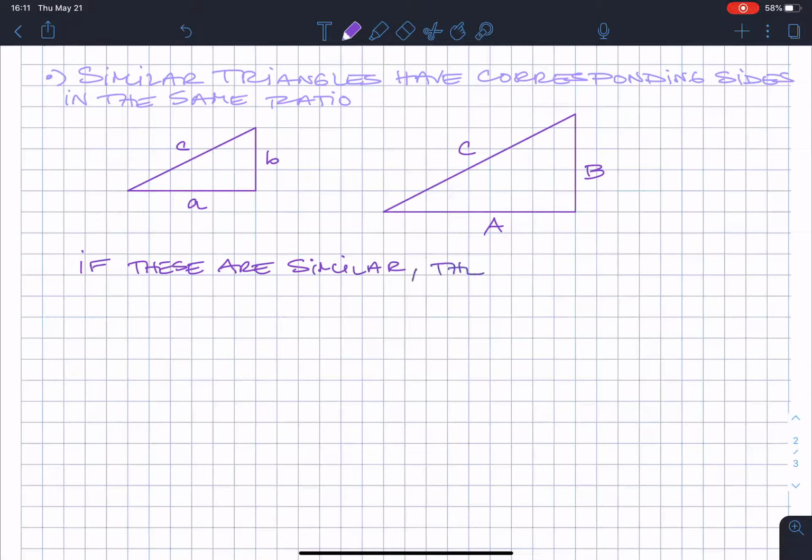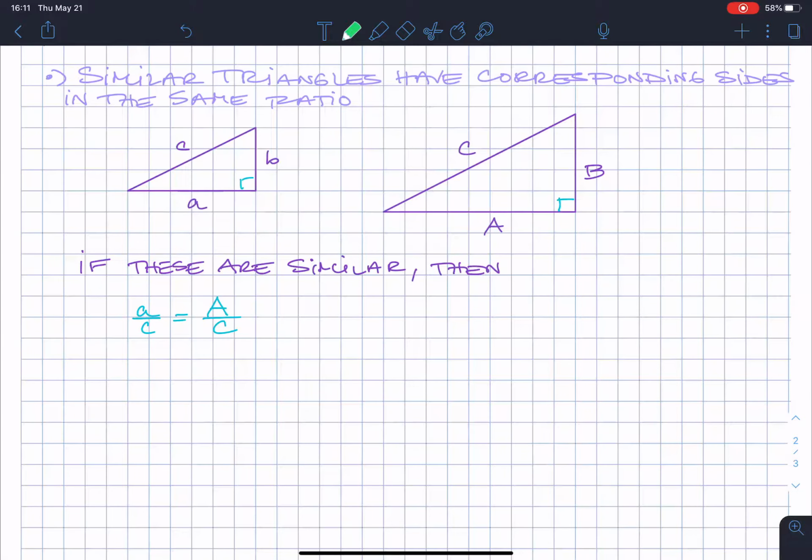then if I take the ratios of any two sides, say little a to little c, that's going to be the same as large A to large C. The bottom to hypotenuse, if these are right angles, are in the same ratio.